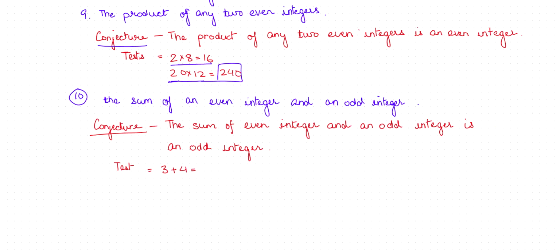One is an odd integer and one is an even integer, and we see that 7 is an odd integer. Then we can take 4, which is even, and 9, which is odd. This will give us 13, which is also an odd integer.